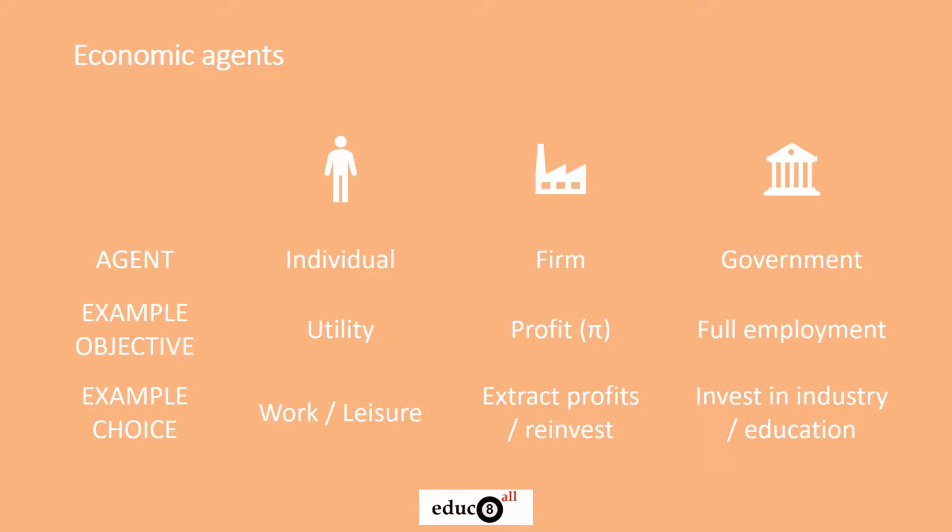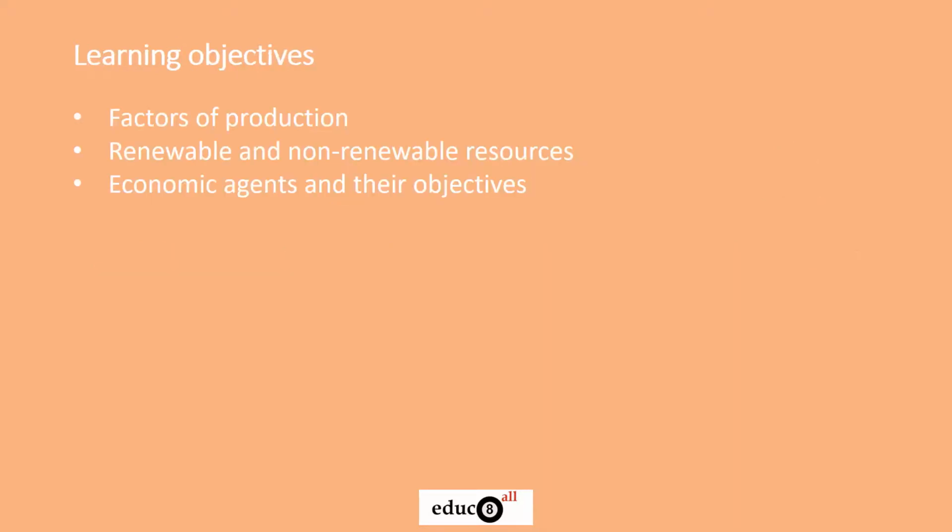Let's recap. In this video, we have introduced various components of an economy as they are applicable to all economies. First, we introduced the factors of production. These are land, labor, capital, and entrepreneurship.